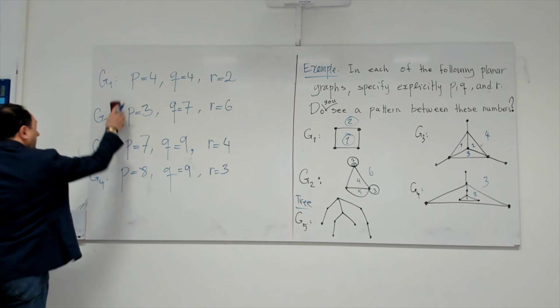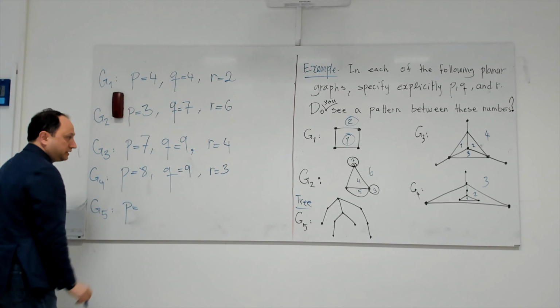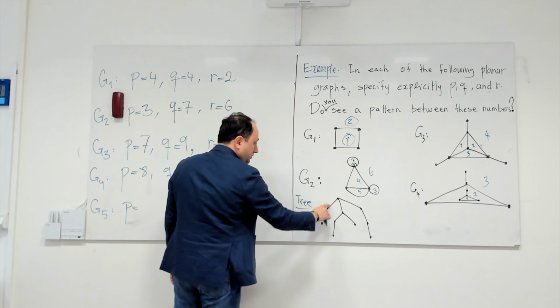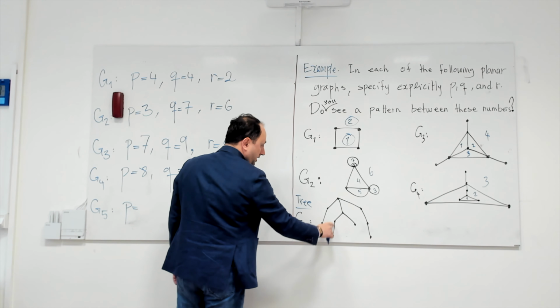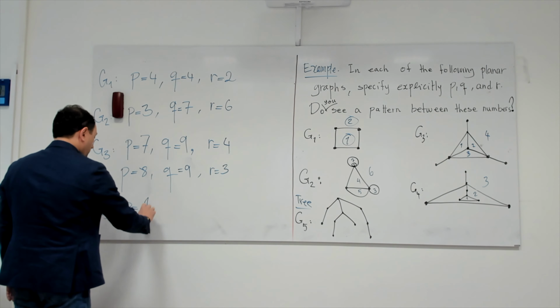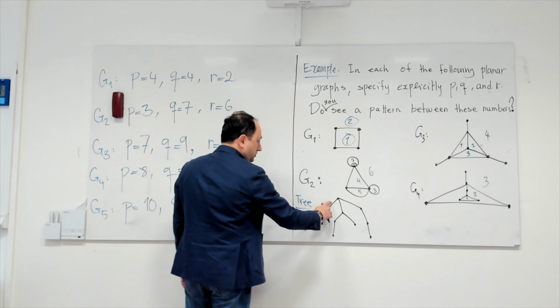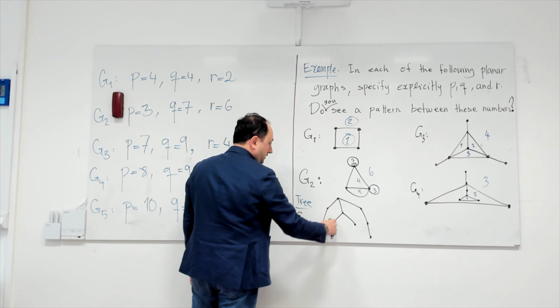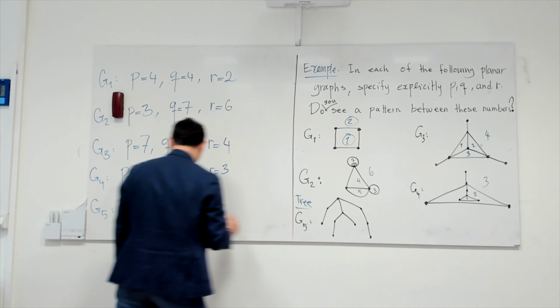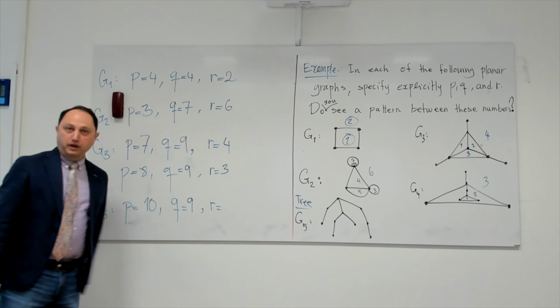And then G5. G5, if I ask you what is P, so 1, 2, 3, 4, 5, 6, 7, 8, 9, 10. And then what is Q? Q is 1, 2, 3, 4, 5, 6, 7, 8, 9. And then what is the number of regions, by the way, in this problem?